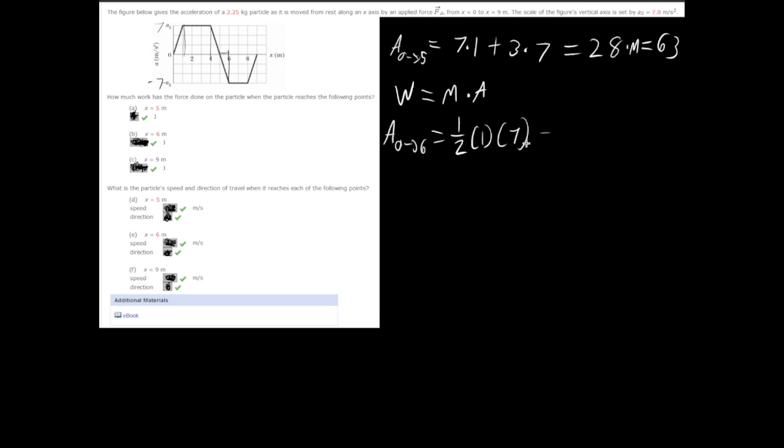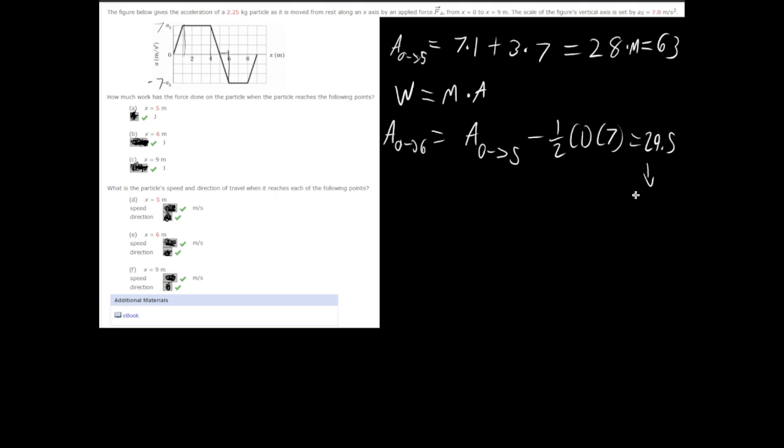We would subtract this from this. So I will rewrite it that way. It would take some time, but I think it's more correct. So this is actually going to be A 0 to 5 minus 1/2 base times height of this, which equals 24.5, and then times mass.